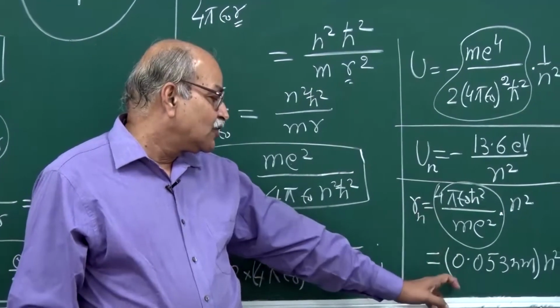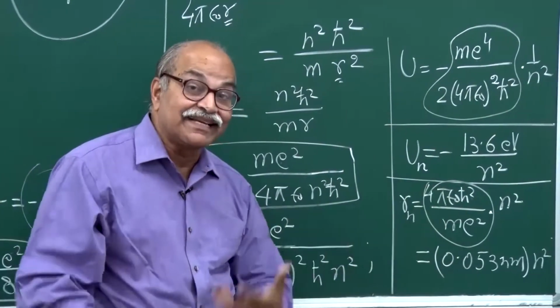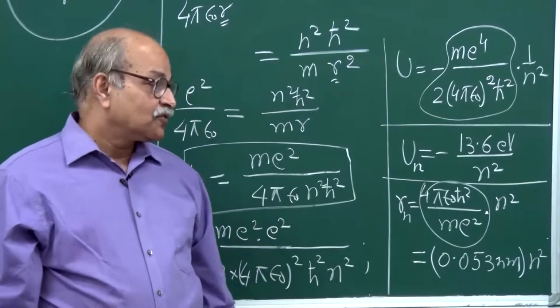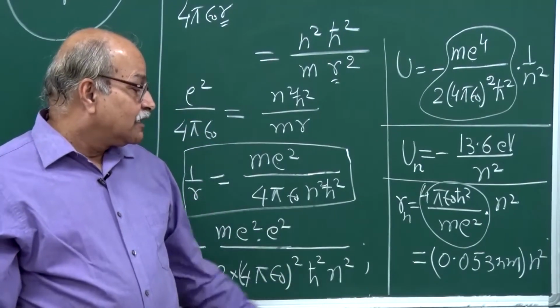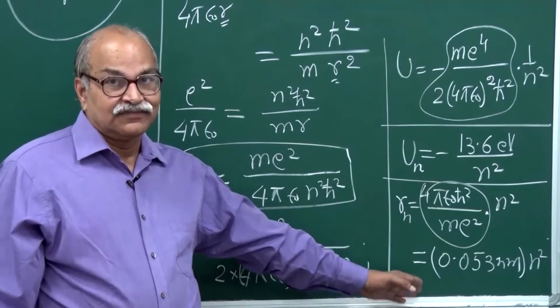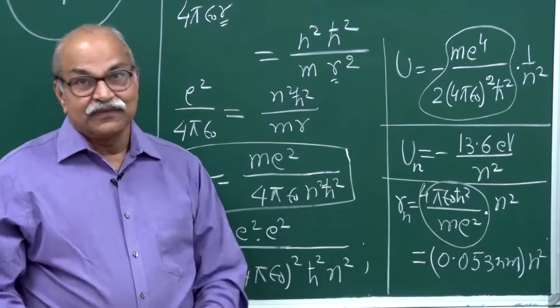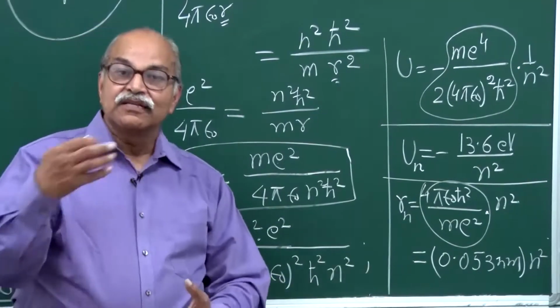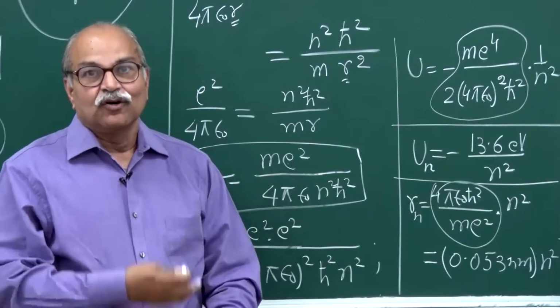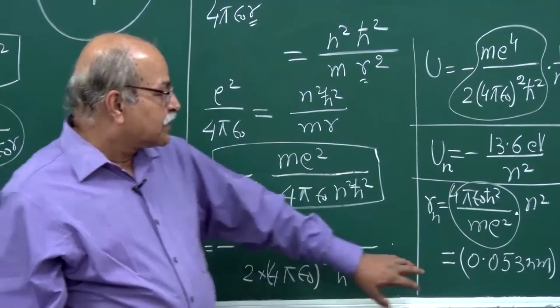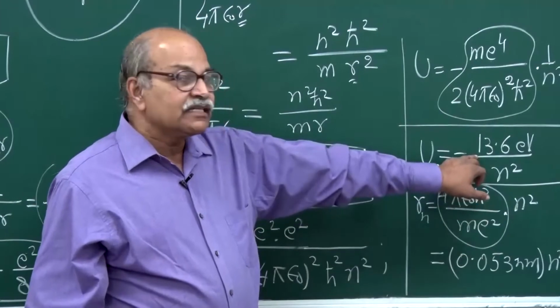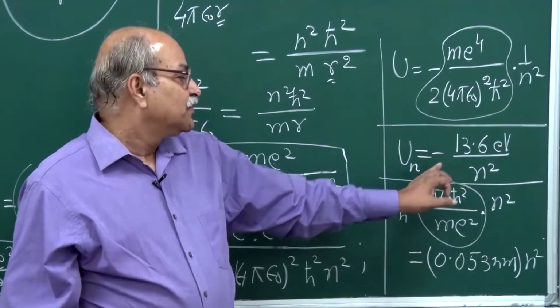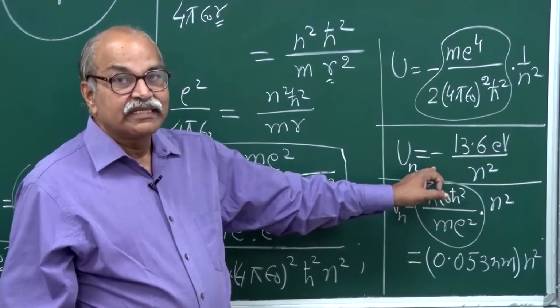These are the radii of those special orbits, stationary orbits. If the electron chooses to be in one of these circles with these radii, it will not emit anything and it will continue in that particular orbit. And in that orbit, the total energy, kinetic plus potential, will be given by this expression.